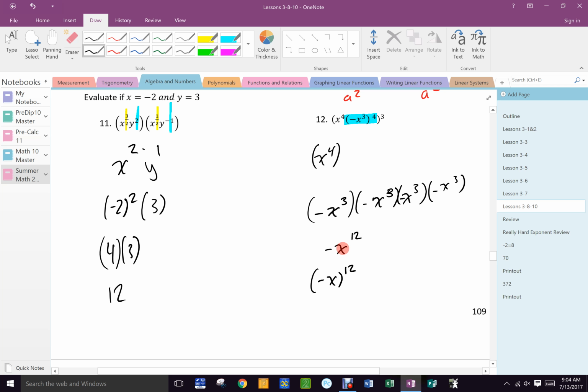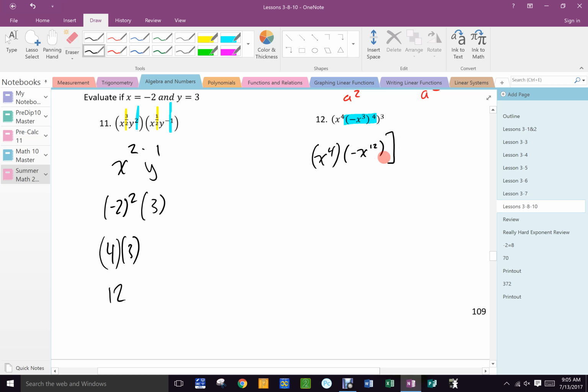Because this is negative, and then whatever is x to the 12th, yes? This is going to be positive, isn't it? Because there's an even exponent with a negative base. Everybody knows that, right? That's what I'm trying to remind you. That's why I said don't write it down, because you've already written it down a bunch. So this is really negative x to the 12th, yes? And all of that is cubed.